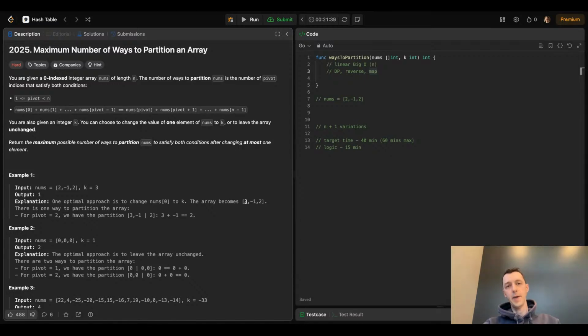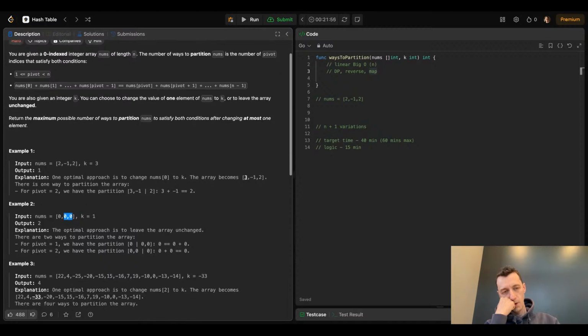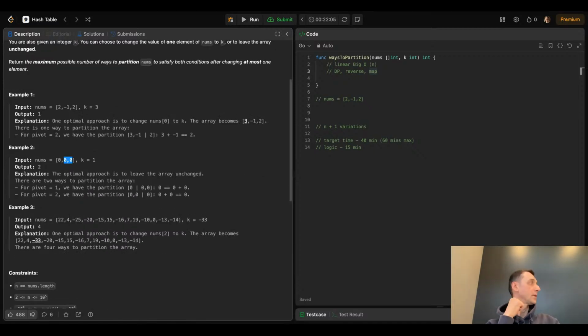The possible maximum is n minus 1, as here. That's the possible maximum.